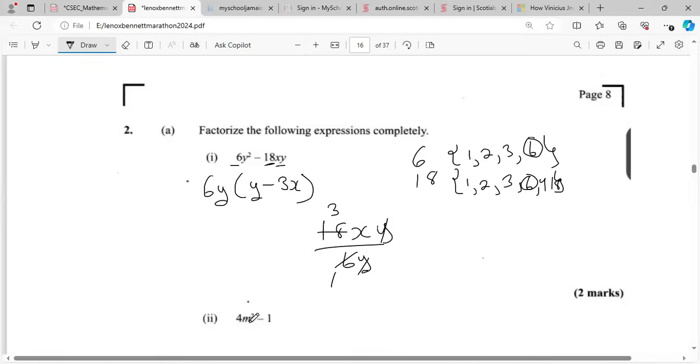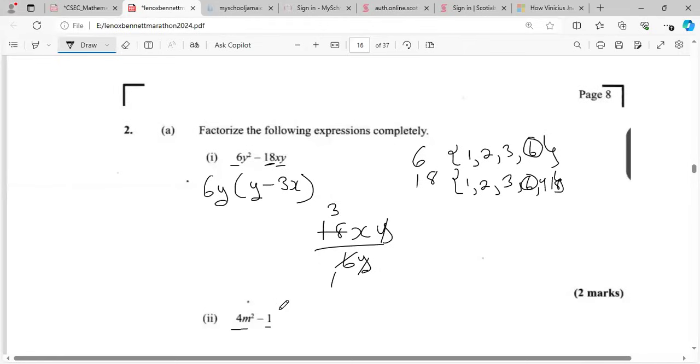This one we just did one like this in the regular class. It's a difference of two squares, right? You can check to see if you can find the square root of the numbers.